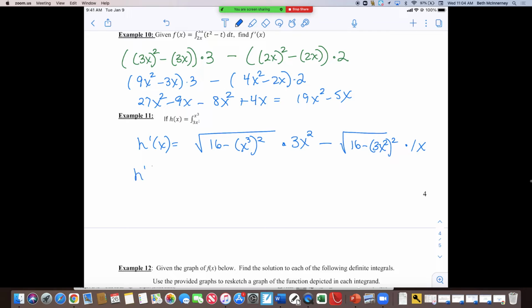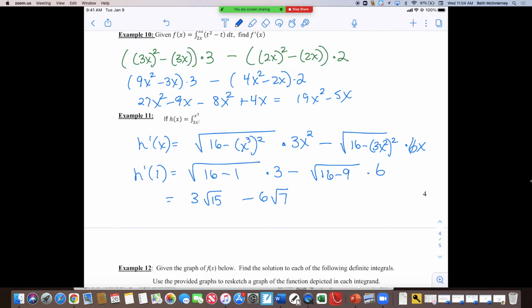Now the good news is when you're trying to do h prime of 1, I only need to plug in that 1, so that's 3 square root 15 minus 6 square root 7.